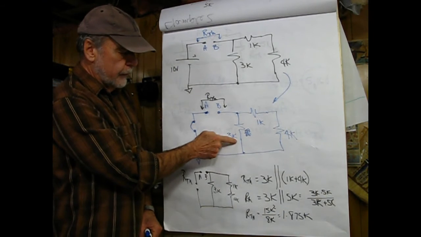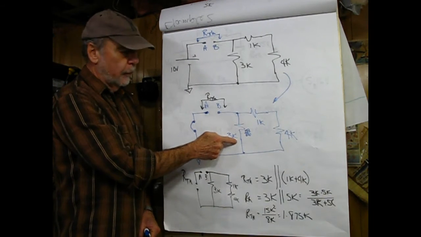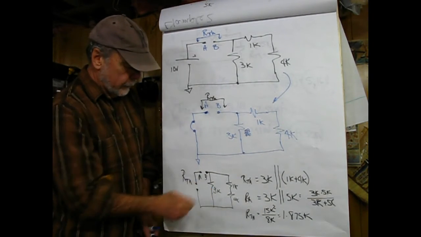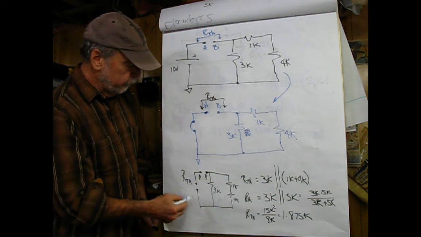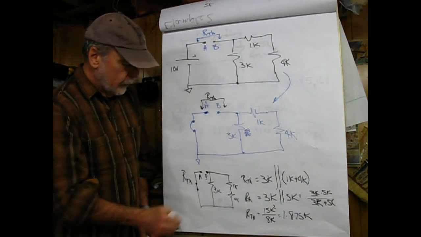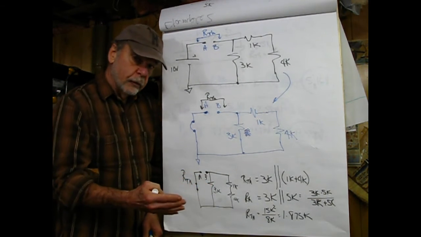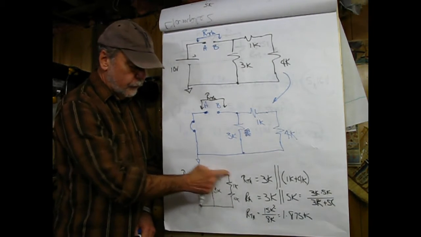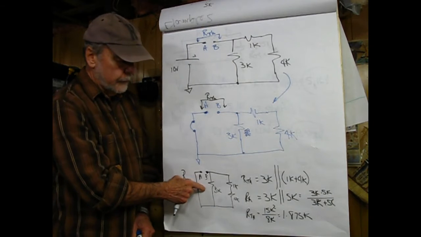going to be equal to 3K in parallel with 1K plus 4K. And if I wanted to, I could short this guy out. I could redraw that if I need to make it clear that the 1K and the 4K are in series, and then these two resistors are in parallel with the 3K.